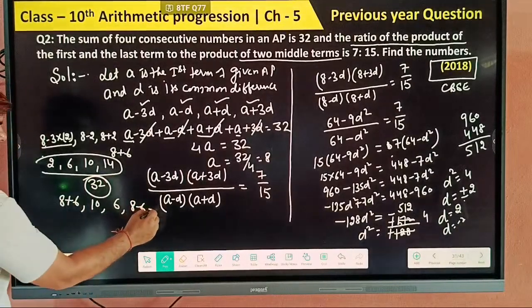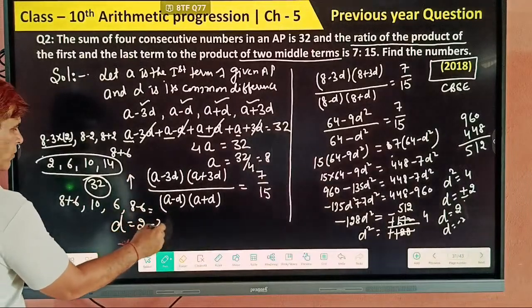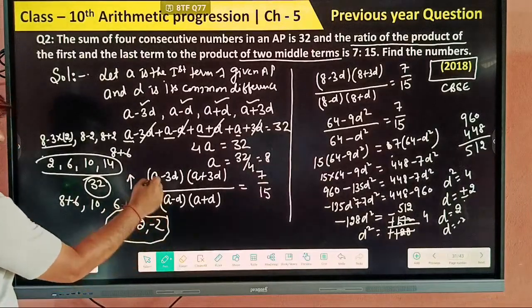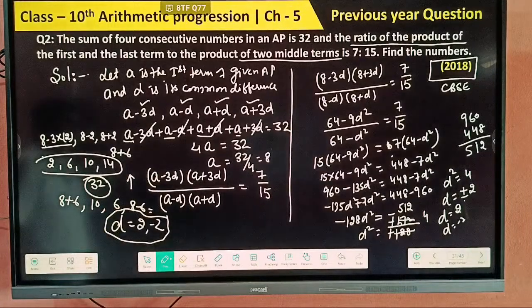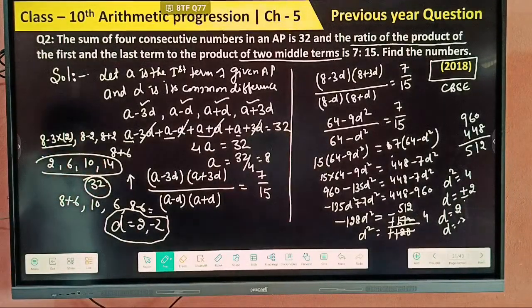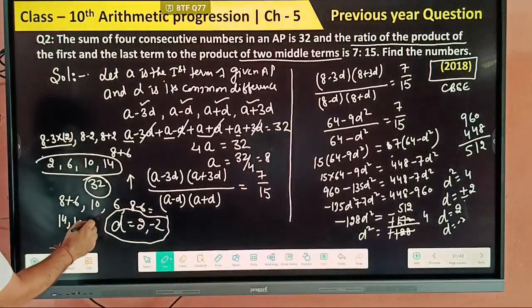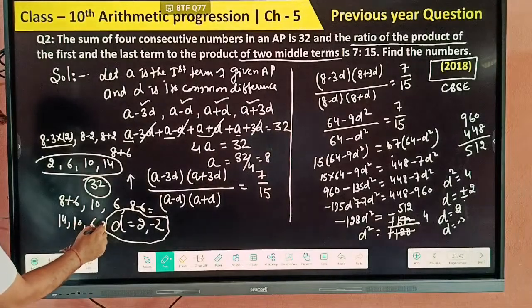So either d equals 2 or d equals minus 2. So what are your terms? 2, 6, 10, 14. According to this, 14, 10, 6, 2.